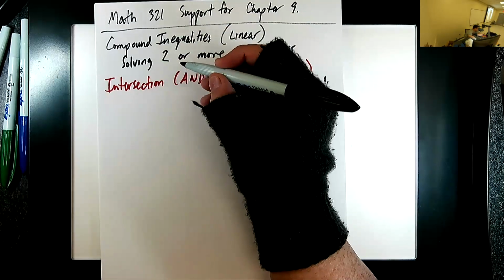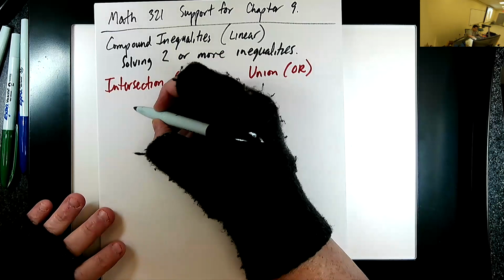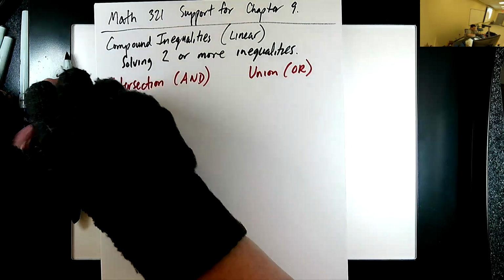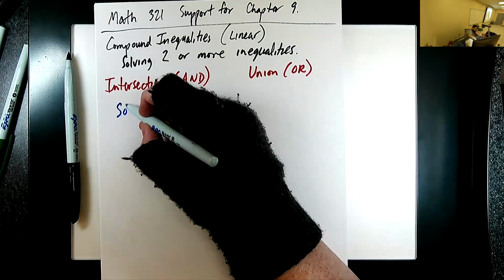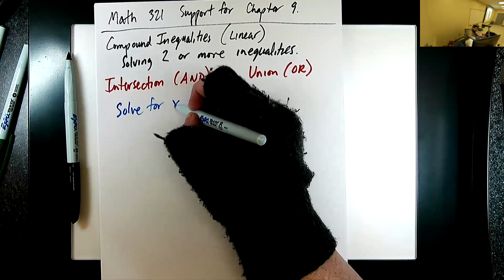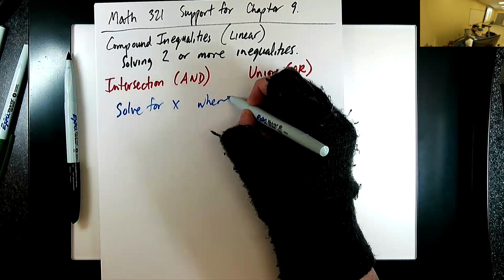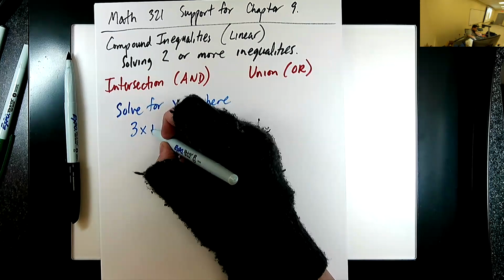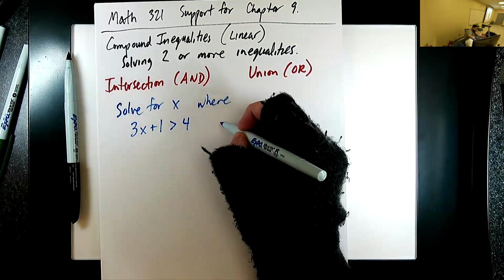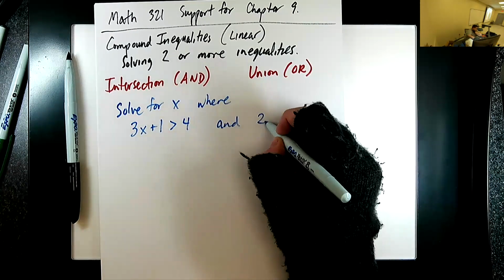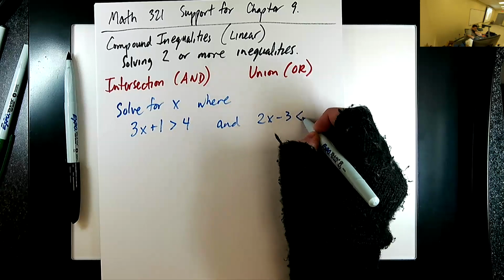All right. For our first example, we're going to solve for x where 3x plus 1 is greater than 4 and 2x minus 3 is less than 7.